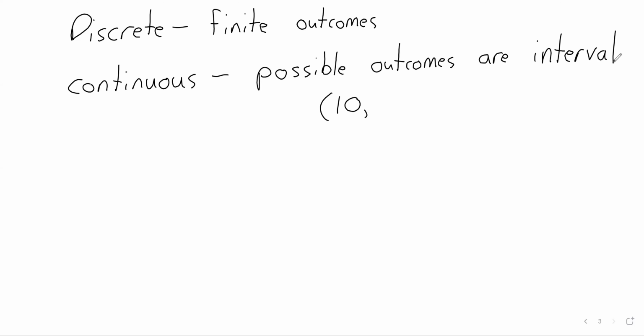And even if I'm really slow, it won't take me more than 30 minutes. So something like this. Or maybe you want to include the possibility that I get hit by a car, and then you say, well, it can't be less than 10, but there's no upper bound. But either way, it's an interval.